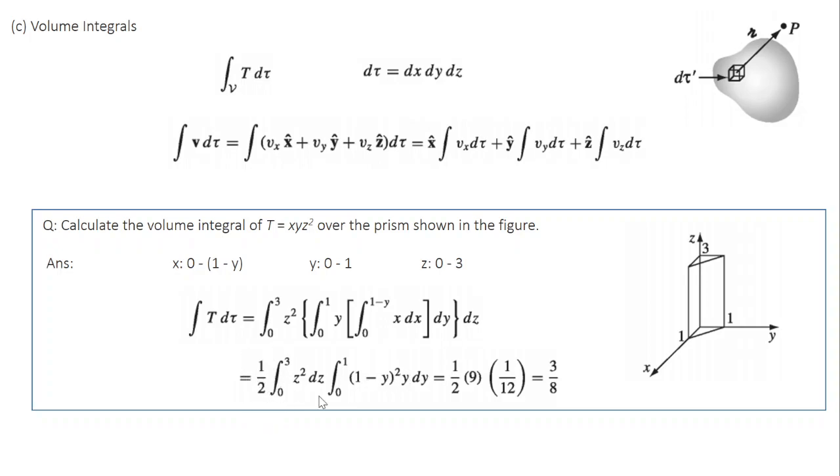So the 1 by 2 factor you can take outside the integral. Now you have a y integral and the z integral. So do the y integral first, and this is completely independent of the z integral. So after this you do the z integral, apply the limiting values, you get the final value as 3 by 8. So you can work out the steps on your own.